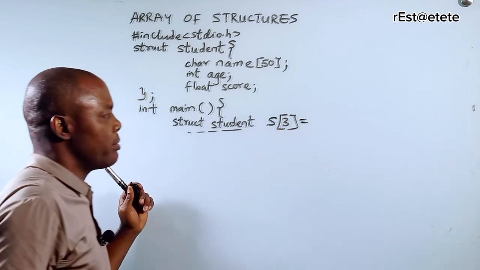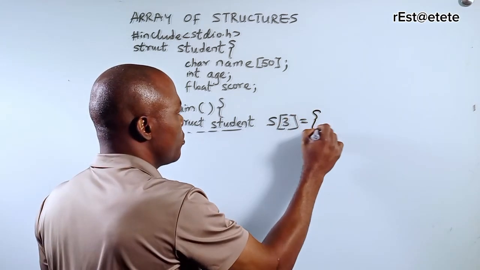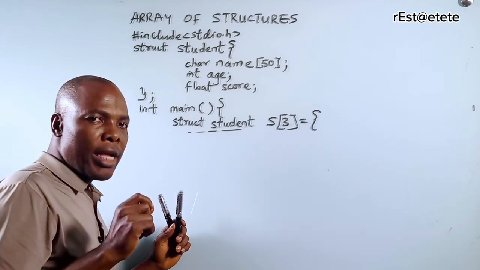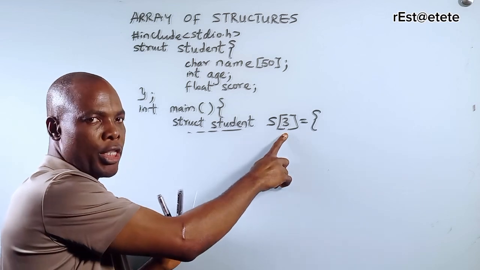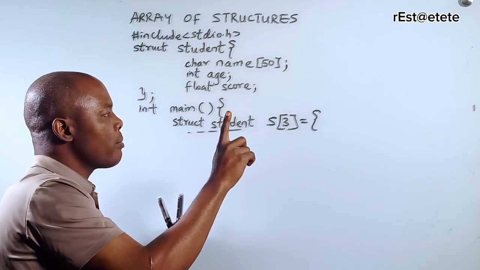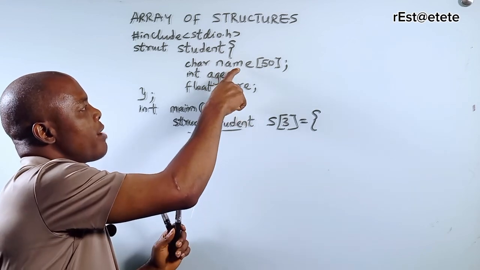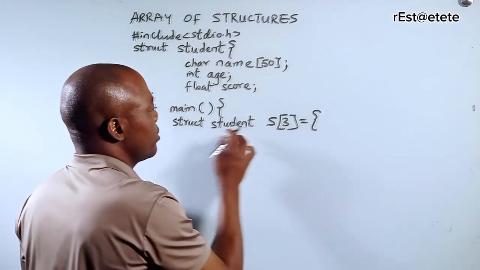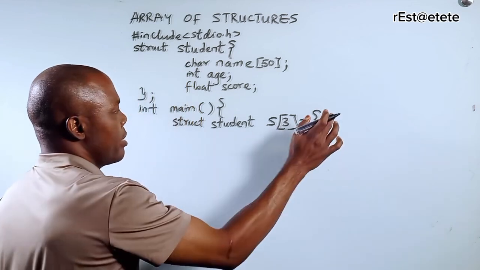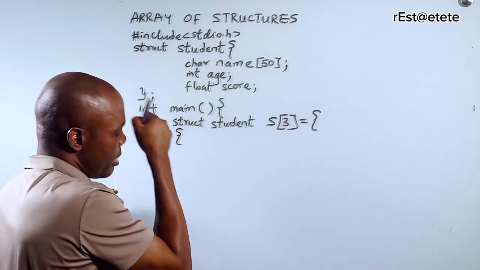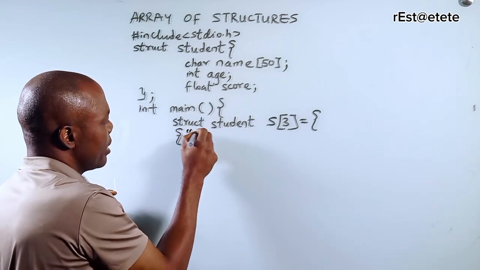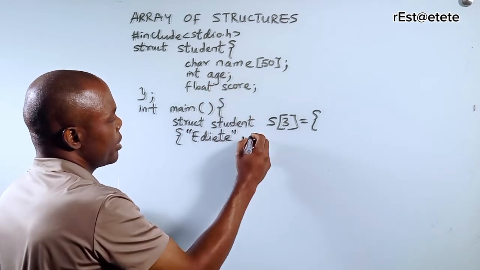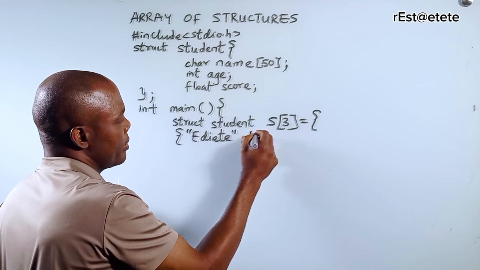Now we are going to initialize it at the same time. So the first thing we'll do, we'll put this in curly brackets, the braces. Then note that you're having 3 students in the class, and each of them is a structure that will have name, age, and float. So I will come here and I will say, for name, let's call it Ediete, right? For age, we'll give it 16.